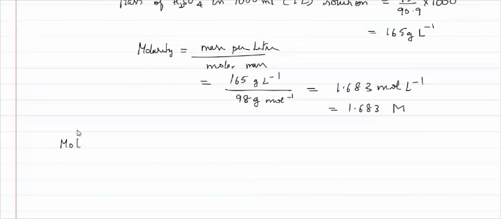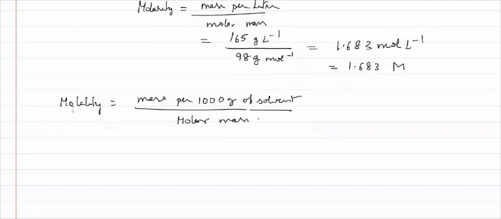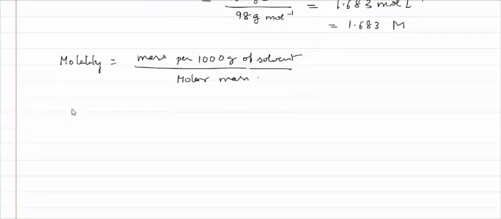Now molality is equal to mass per kg or 1000 gram of solvent divided by molar mass. Now remember, this is solvent and not the solution. So again, the solution is 15%. It means mass of sulfuric acid in 100 gram of solution is 15 grams.